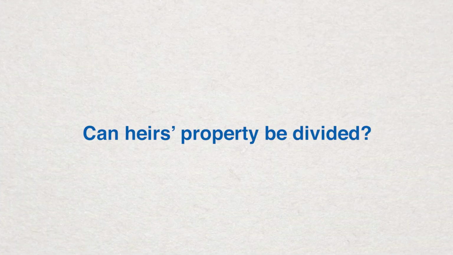Can heirs property be divided? Heirs property is a term that's sometimes used to refer to real estate and land inherited when someone passes without an estate plan. Because there's no will, trust, or deed to dictate to whom the property should be distributed, heirs property automatically will be divided among and distributed to the deceased's next of kin according to state law after going through probate.